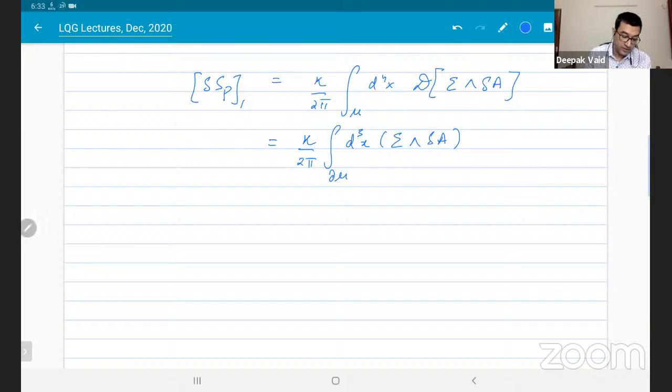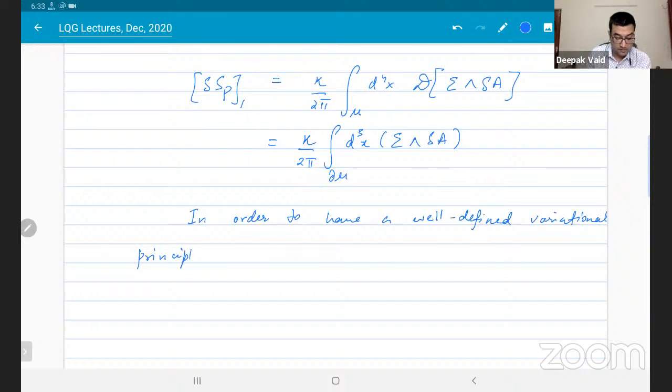So this is a boundary term, and in order to have a well-defined variational principle, we require boundary terms to vanish.